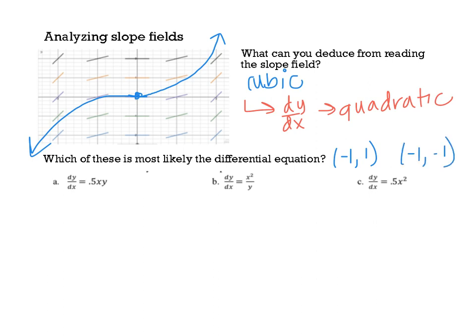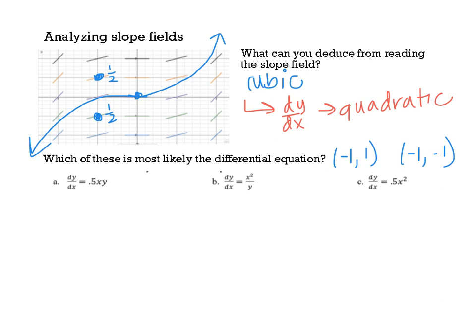And I'm going to test both of those points in each of these differential equations and then compare it on my graph. So -1, 1 is right here. -1, -1 is right here. So what I should be seeing is that I'm getting the same slope, and it's probably about 1/2, because it's not quite pointing at that origin, it's a little flatter.